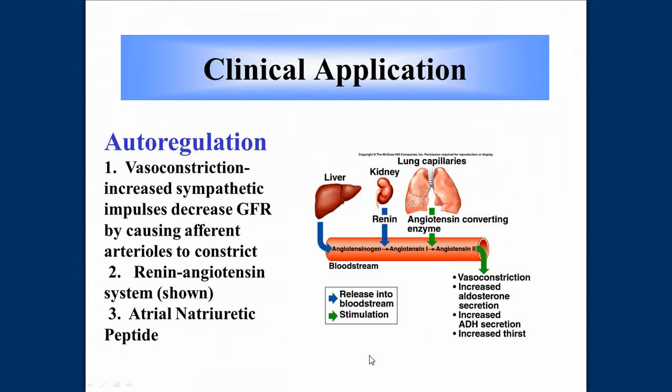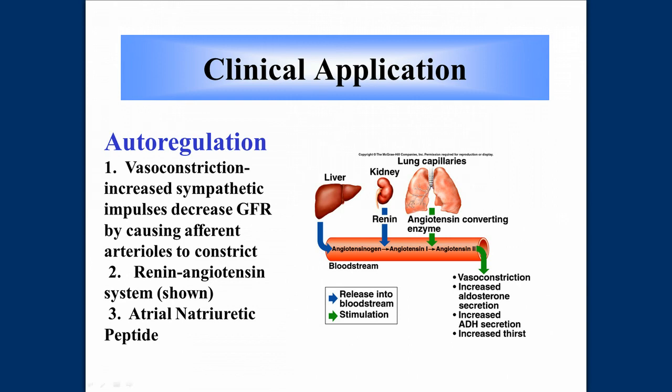Micturition. Okay, I wanted to go back to autoregulation for just a minute and talk about ACE inhibitors. When a person has elevated blood pressure, hypertension, it is sometimes associated with excessive release of renin, followed by increased formation of the vasoconstrictor angiotensin II, which causes the high blood pressure.